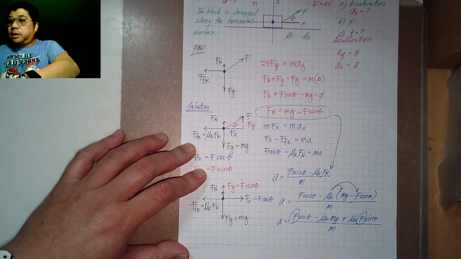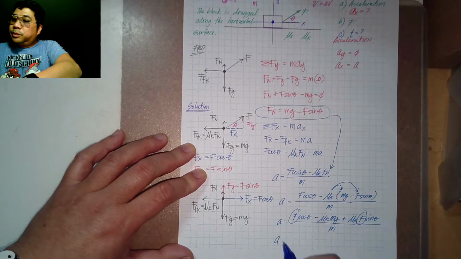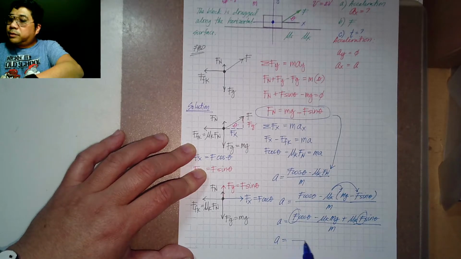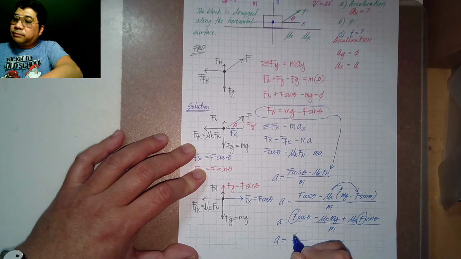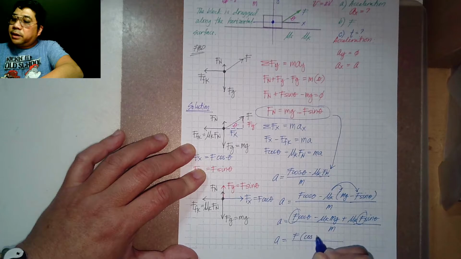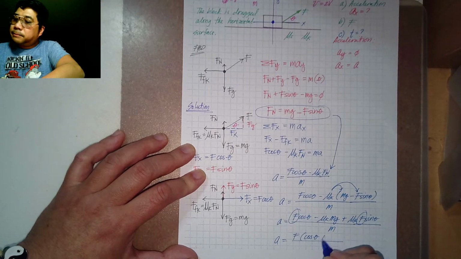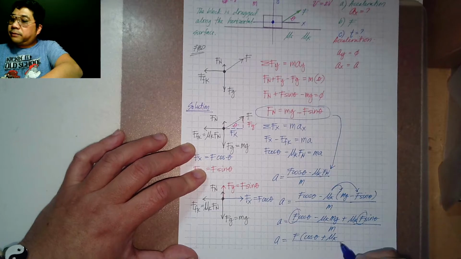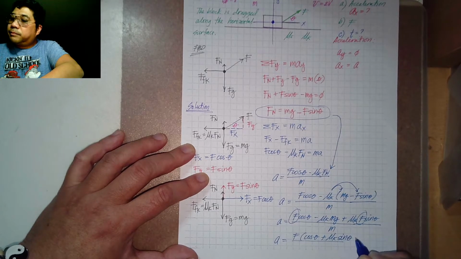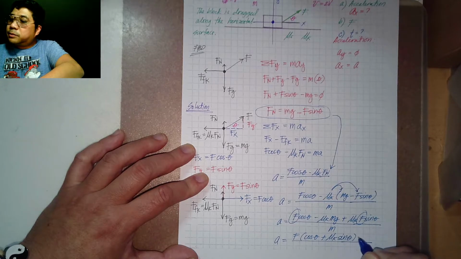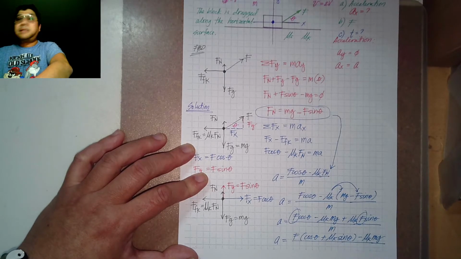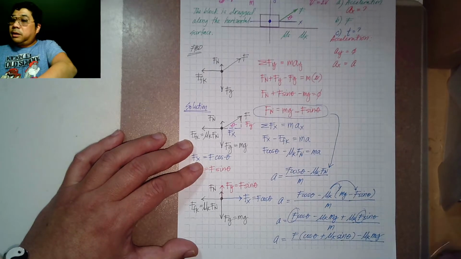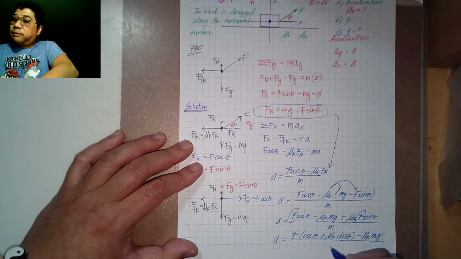I'm going to combine those two coefficients of the variable F. So I can say F, and that is cosine theta plus the coefficient of static friction multiplied by sine theta, and then subtracted by mu k, or the coefficient of kinetic friction, multiplied by mass times g, which is our force of gravity or weight, divided by m.